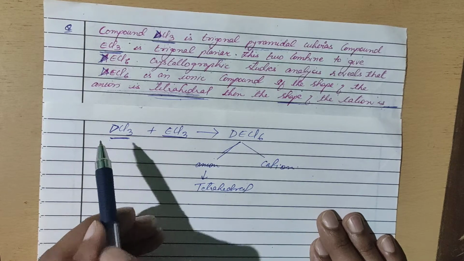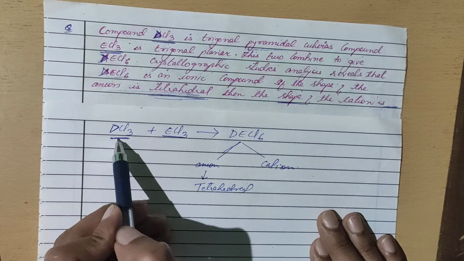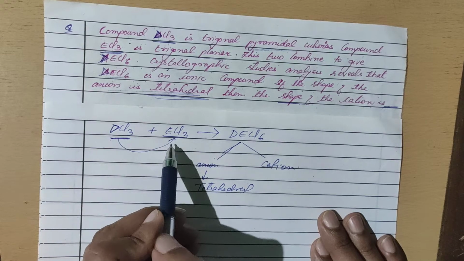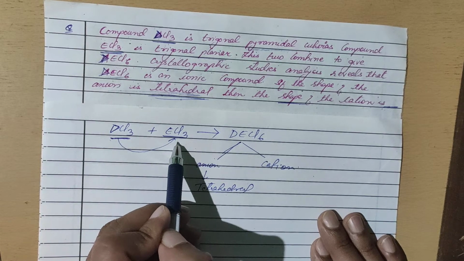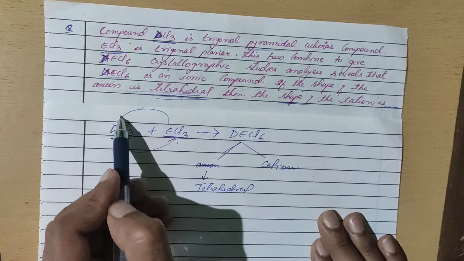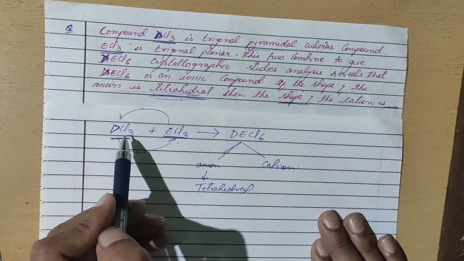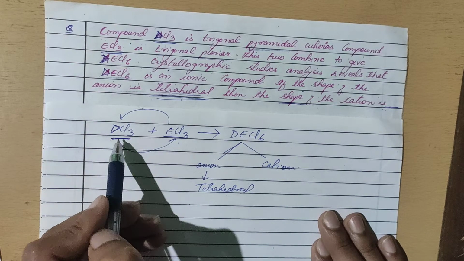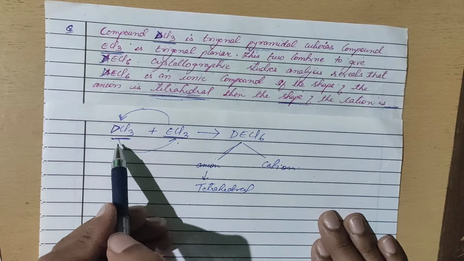So there are 2 possibilities. Either one chlorine gets transferred to ECl3 to form ECl4, and then we can get tetrahedral geometry, or from ECl3 one chlorine gets transferred to DCl3 to form DCl4.